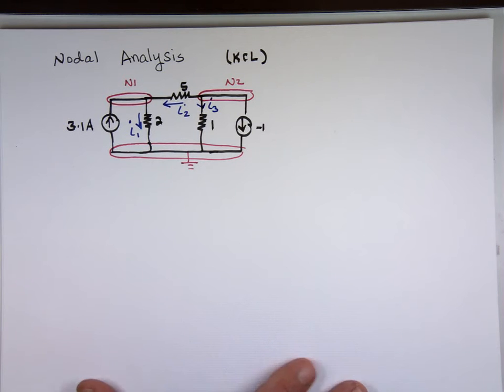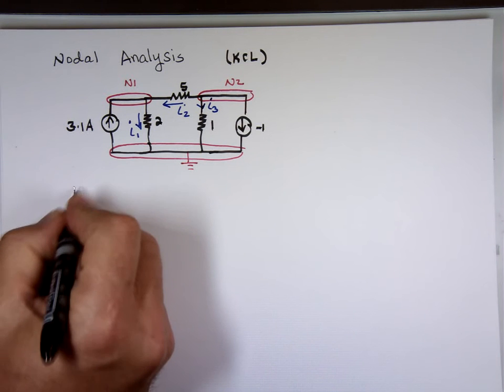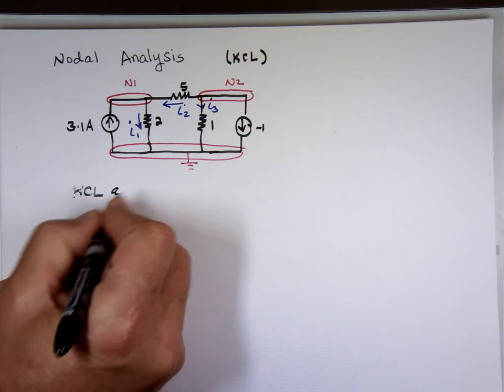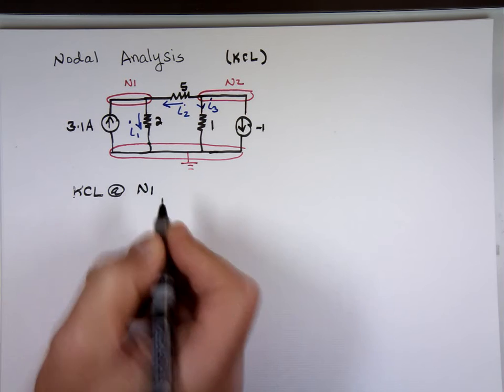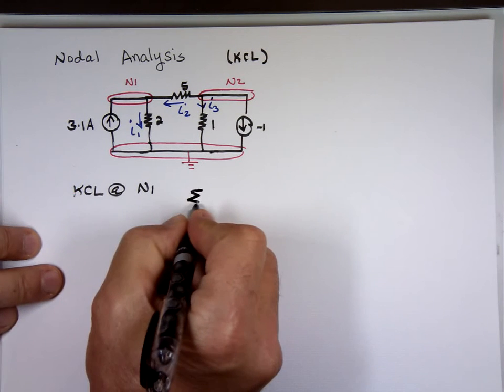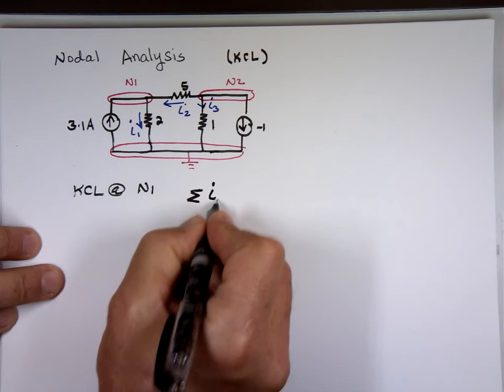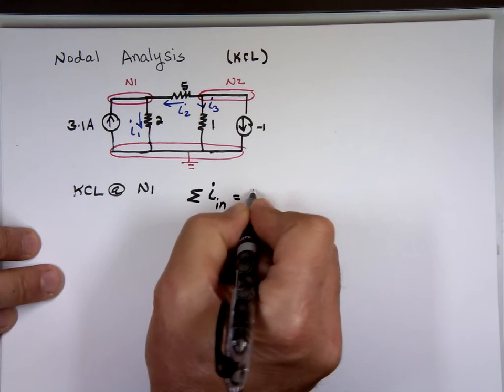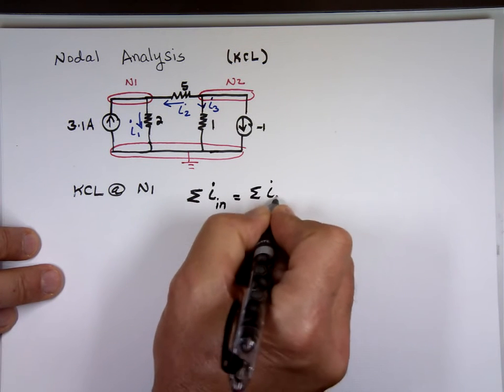And what you want to do now is apply Kirchhoff current law at each node. So KCL at node 1. Kirchhoff said, the sum of all the current going into that node should equal the sum of all the current leaving that node.